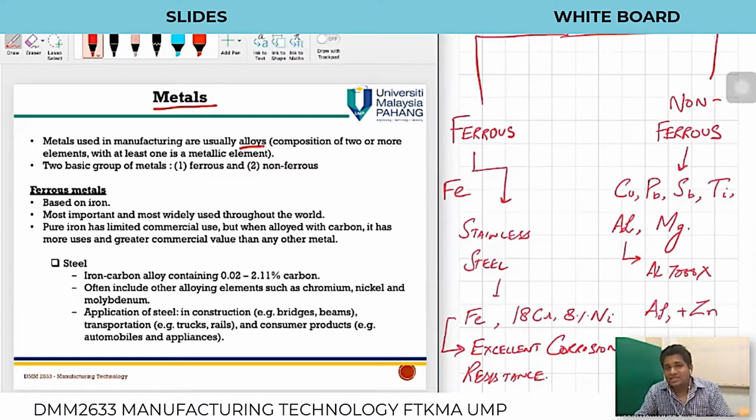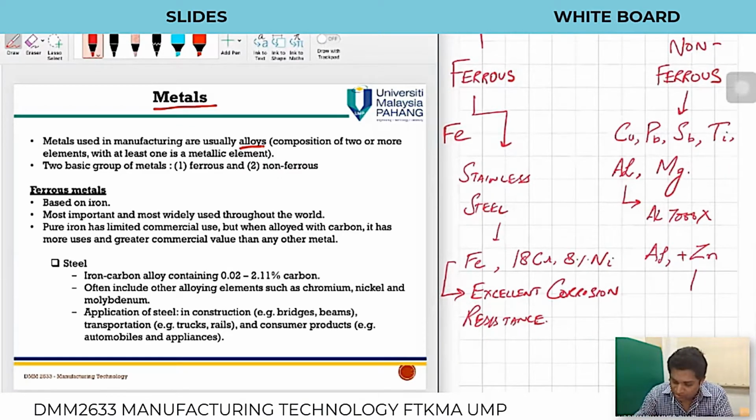When I add zinc, the tensile strength of aluminum increases 3 times. So it can be used in aircrafts. I can use this aluminum in aircrafts. That is why aluminum 7000 series is called aerospace alloy.